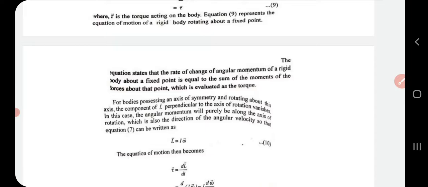That is nothing but tau, that is, the rate of change of angular momentum of a rigid body about a fixed point is equal to the torque acting on the body. That dL by dt equals r cross F, which is again equal to tau. That is the equation of motion of a rigid body rotating about a fixed point.